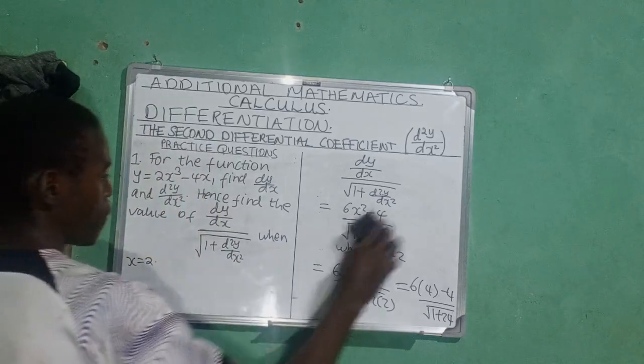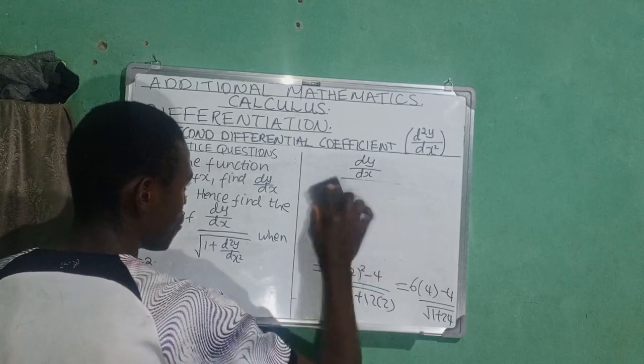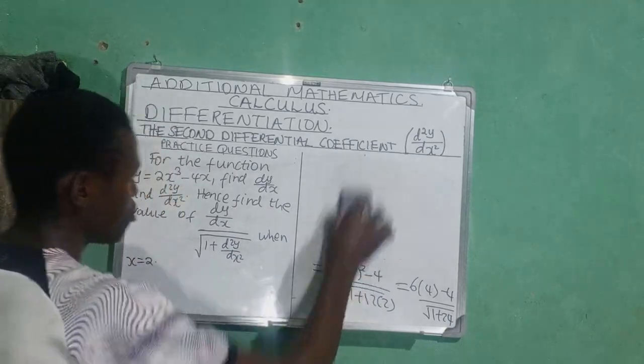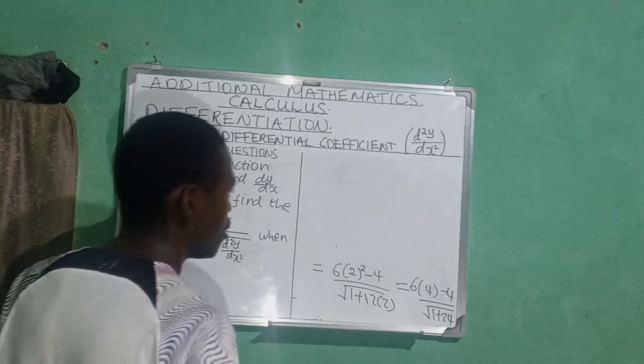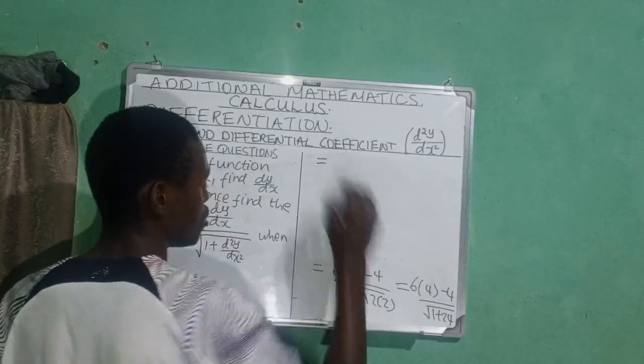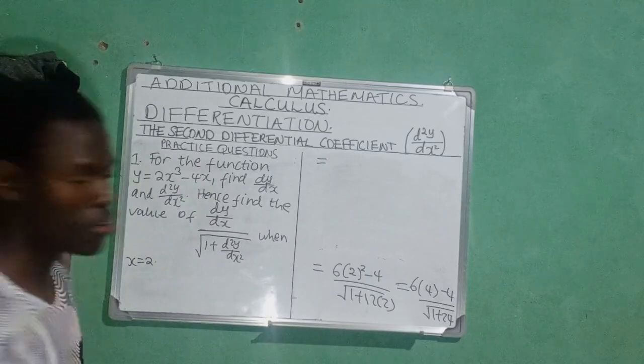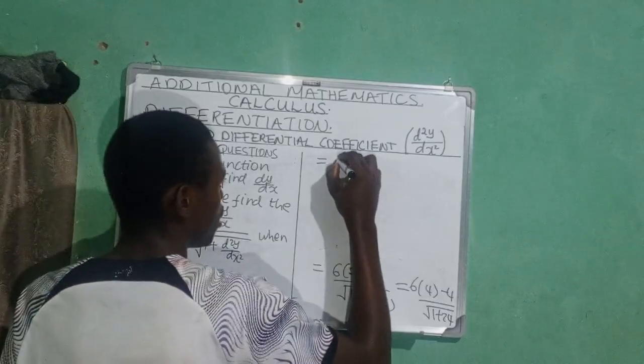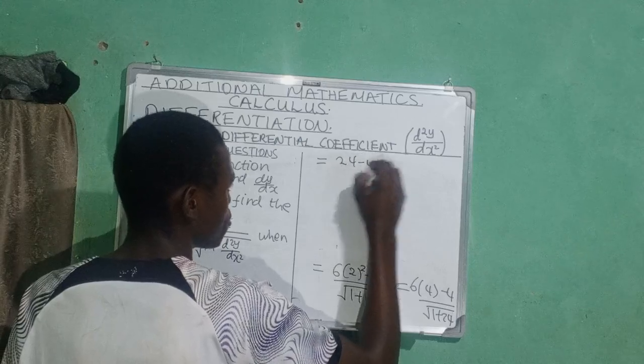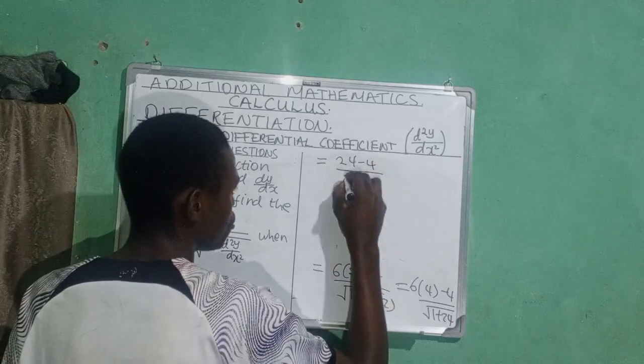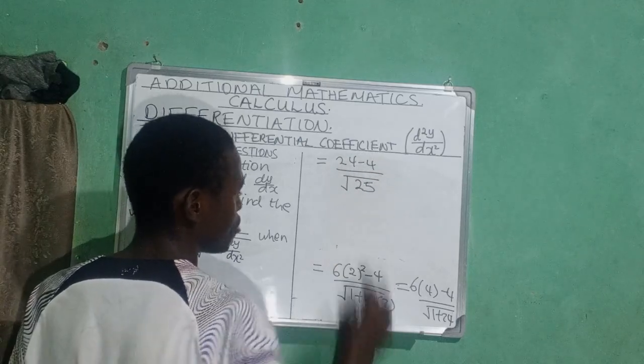To continue, we will clean up and say it is equal to 6 multiplied by 4, which is 24, minus 4, divided by the square root of 25.